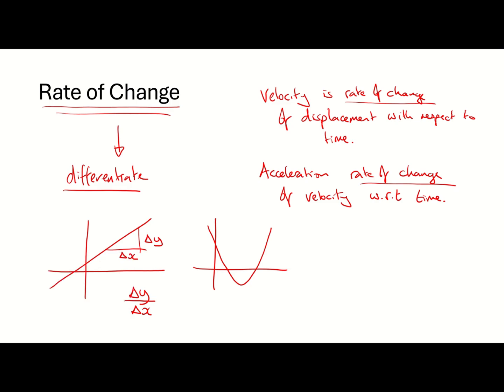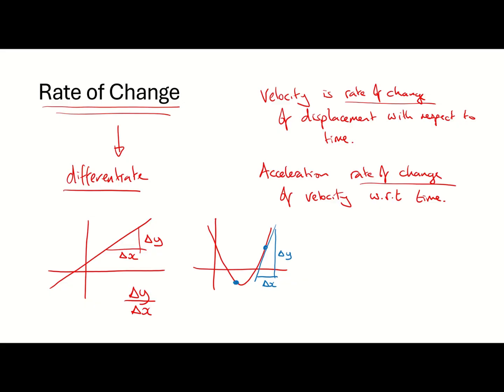So for example, let's say I wanted to know the gradient at this point. We could take a ruler, draw a straight line that just touches the curve at that point, and then I could work out the change, draw a triangle and do the change in y over the change in x at that point.